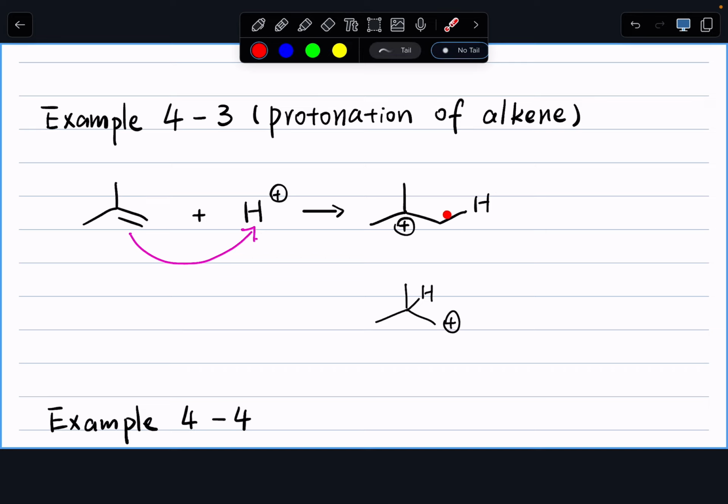Obviously, this one on the top with your hydrogen forming a bond with the terminal carbon, you're getting a tertiary carbocation. But if your hydrogen is forming a new bond with the center carbon, you are forming a primary carbocation. And among the primary and tertiary carbocation, the tertiary carbocation is more stable, and thus is our major selectivity pathway.